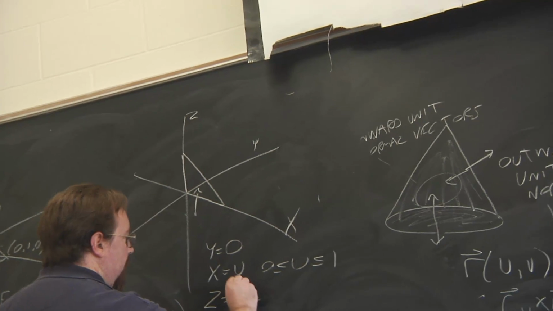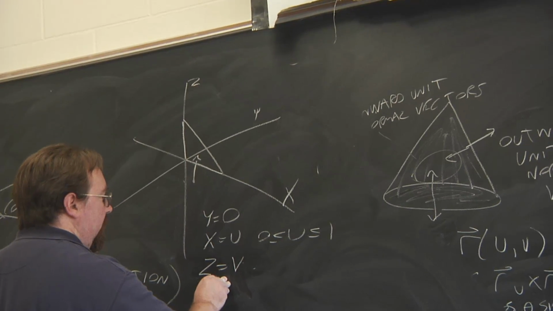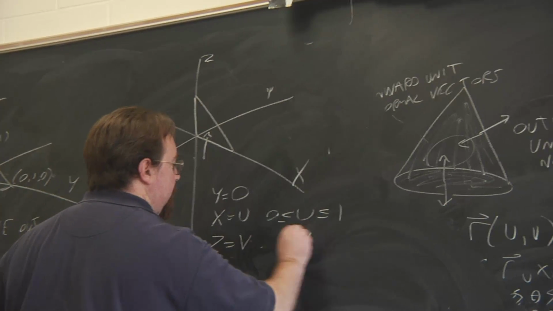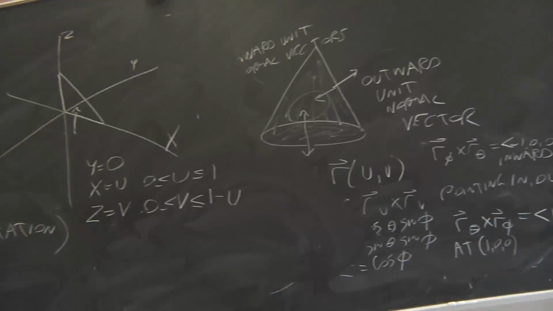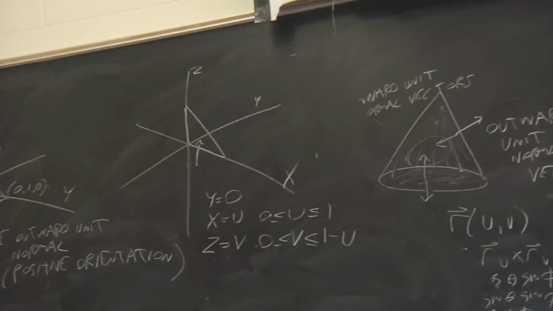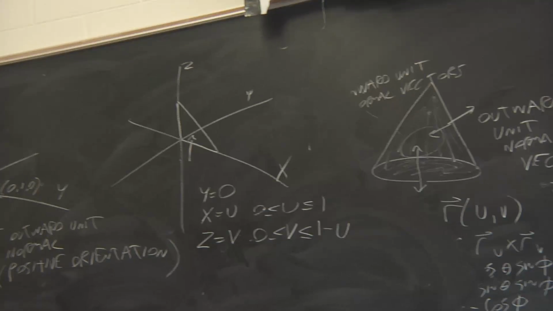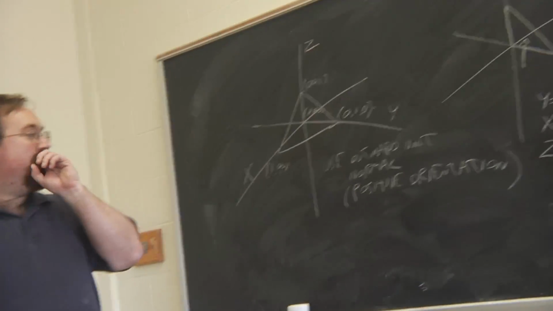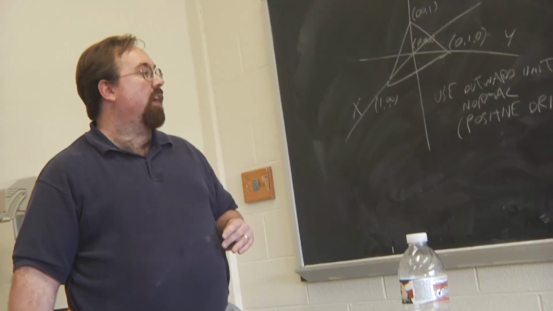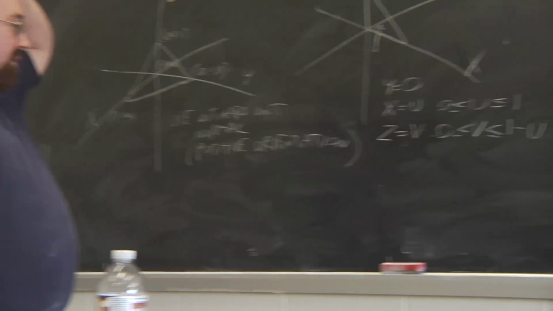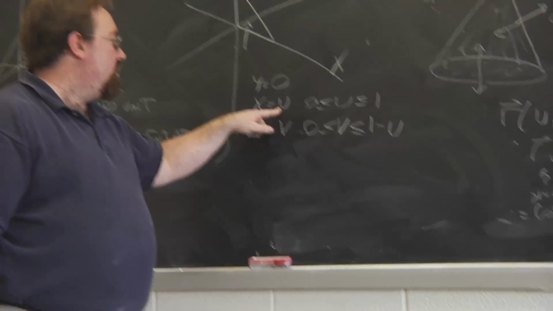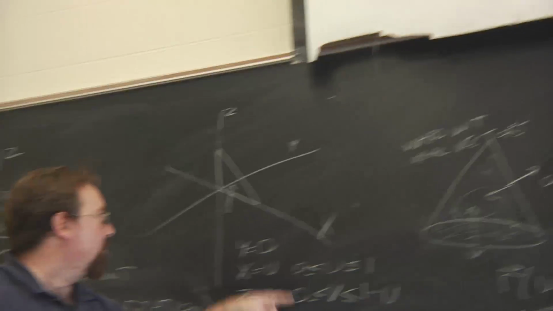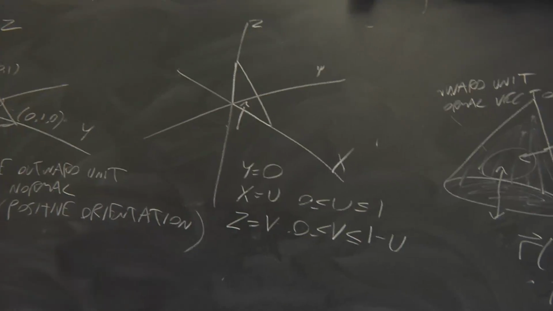Let v be our parameter. V runs from 0 to 1 minus u. In this case, we don't have nice constant limits for everything because the region we're integrating over is a triangle. So when x is equal to 0 and u is equal to 0, then v is going to run from 0 to 1 and so forth.